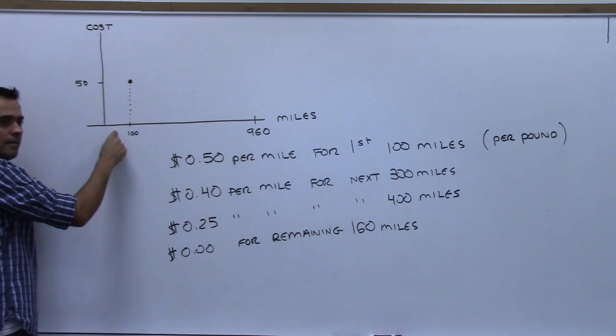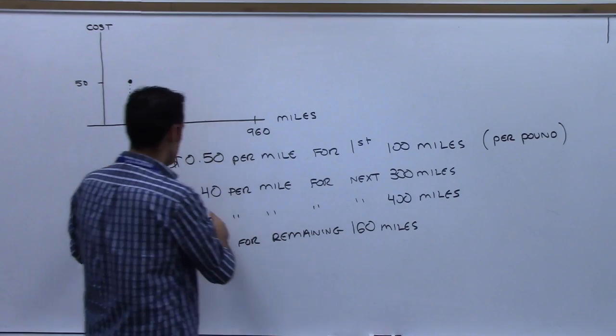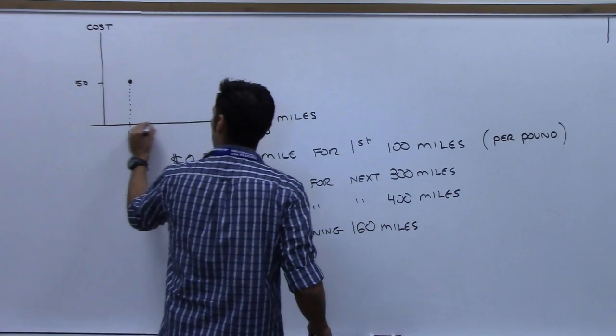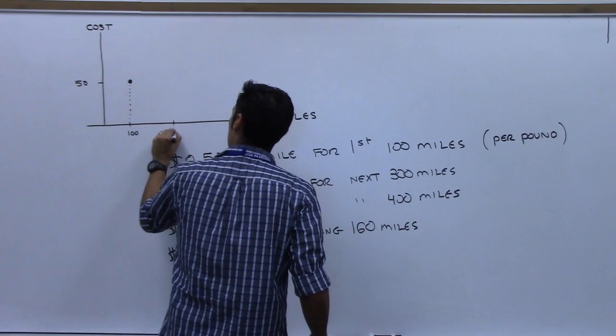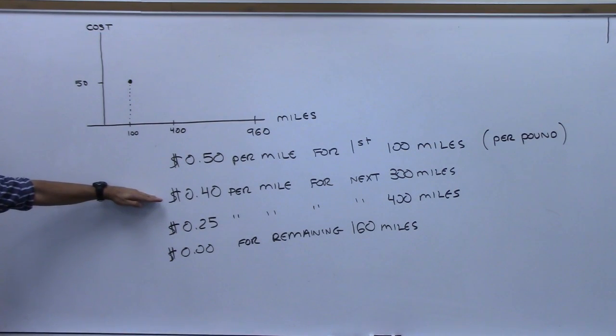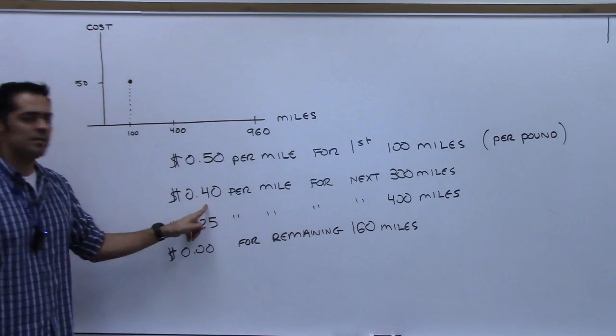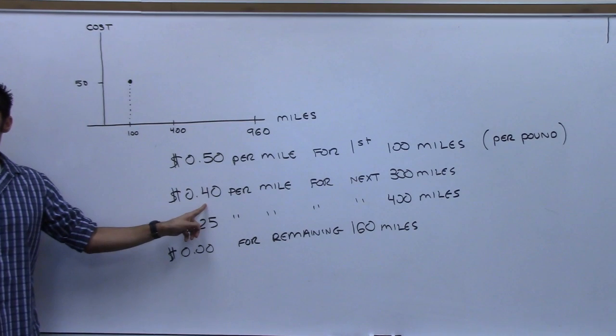No, right? How much is it going to cost me to go the next 300 miles? So that'd be 100 to 400. So how much am I going to pay to go this next? 120. So you're doing 300 times this, yeah, so which would be 120 plus the initial 50, so 170 total.